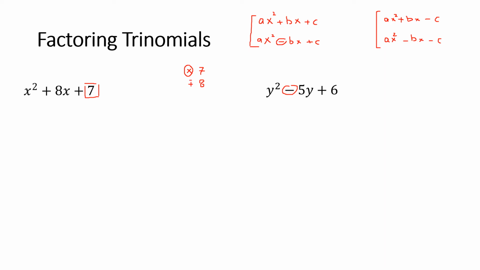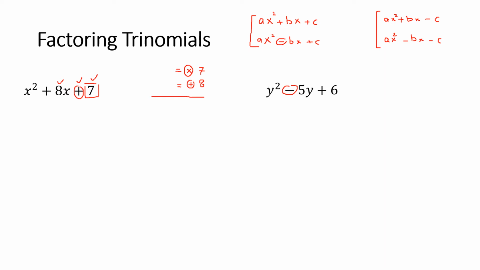This plus sign is actually this one. Okay, so important things are 7, this sign, and 8. So we need 2 numbers which we multiply to get 7 and which we add to get 8.